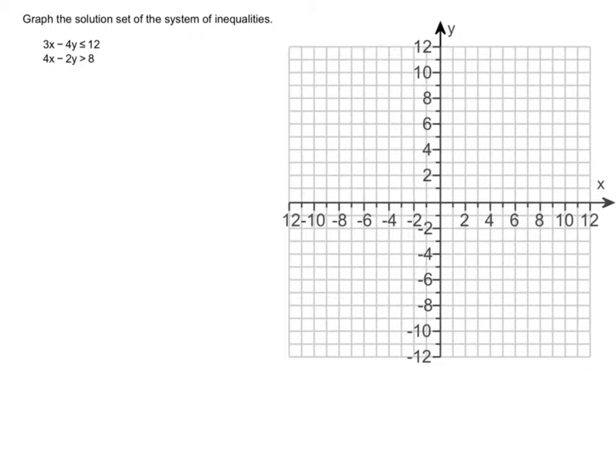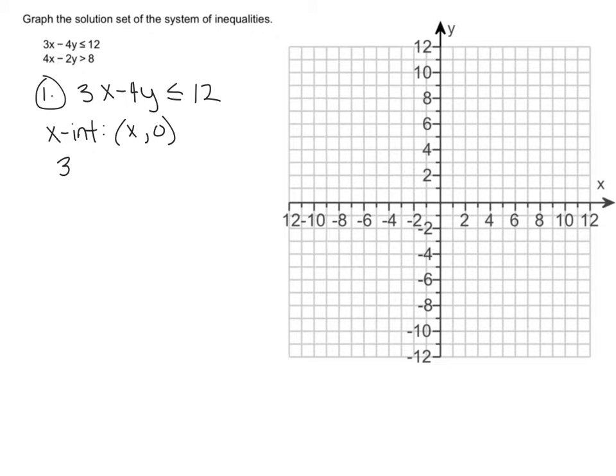So first, we're going to take the top inequality, which is 3x minus 4y is less than or equal to 12. And I want to find the x and y intercept in order to graph the line. The x-intercept is found by substituting a 0 in for y.